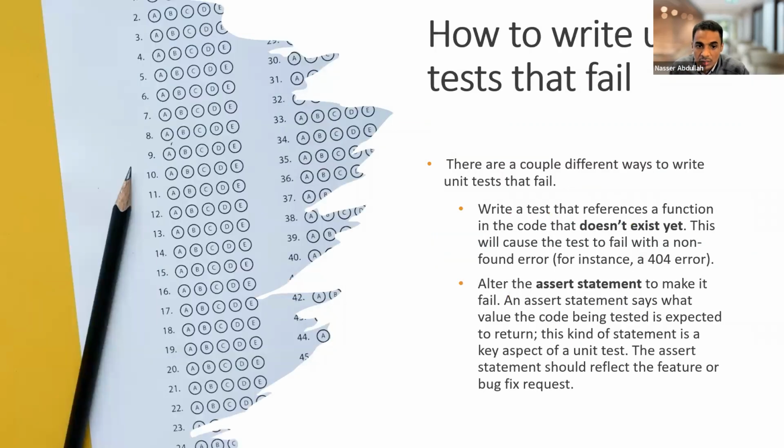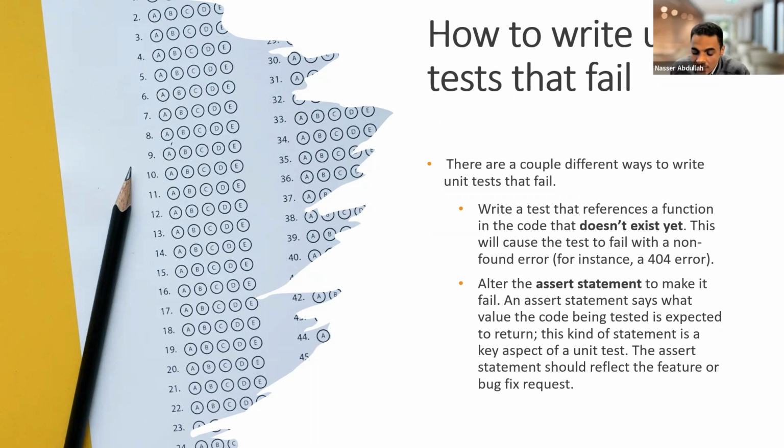So how do you make your test fail? As I told you, you can write whatever in that test. They have here 2 options. The first is to write a test that references a function in the code that doesn't exist. This is the easy one: the function is not there, so it will fail.